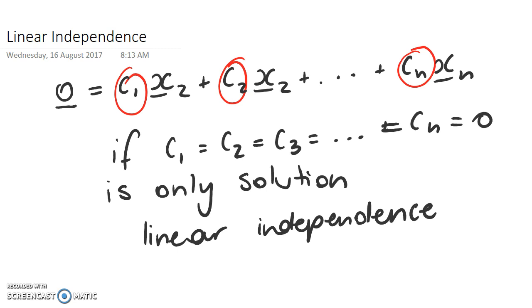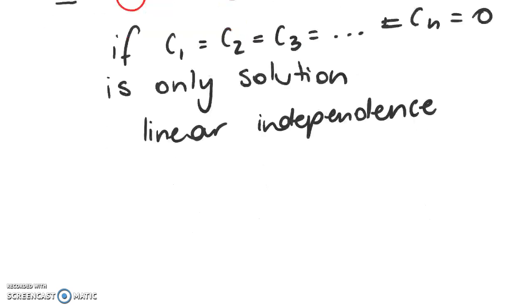Linear independence would also mean that we cannot make one of these vectors x1, x2, right up to xn with a linear combination of the other vectors in the set. So that's what we're talking about when we're looking at linear independence.